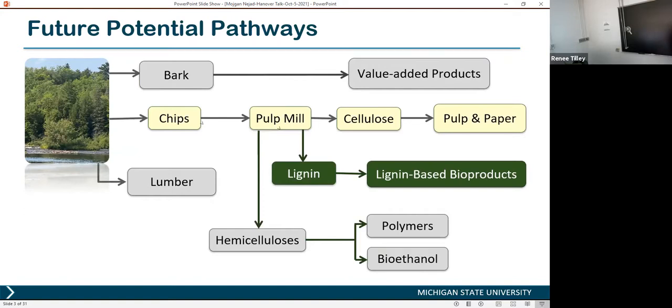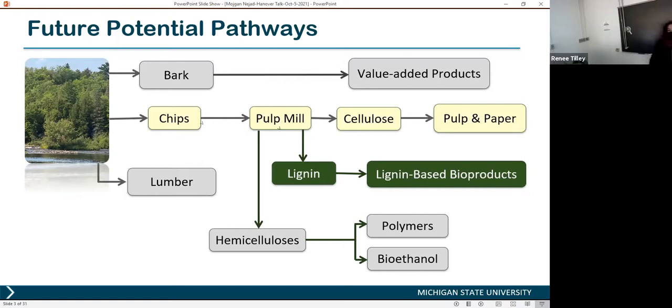there are so many value-added products that we can make from the bark, from the hemicelluloses to make biofuels, bioethanol and polymers, and also from lignin. This is the part that I'm going to focus on today: using lignin that is now produced as a byproduct of the pulp and paper industry or bioethanol industry to make value-added products.